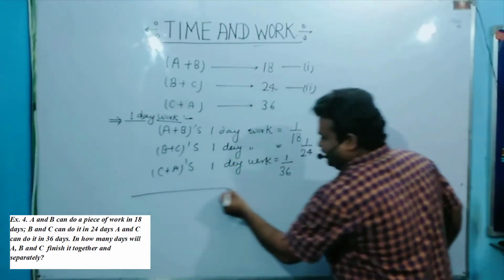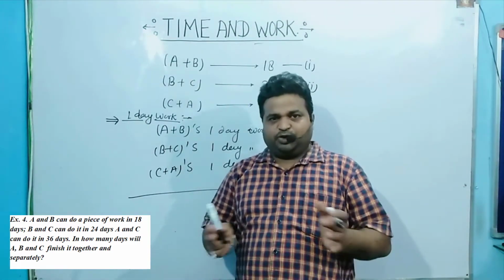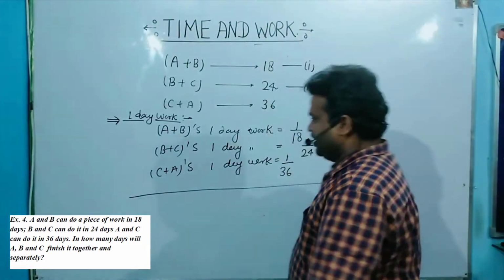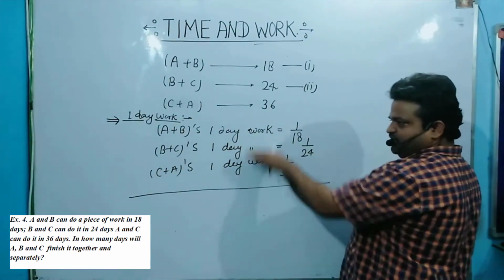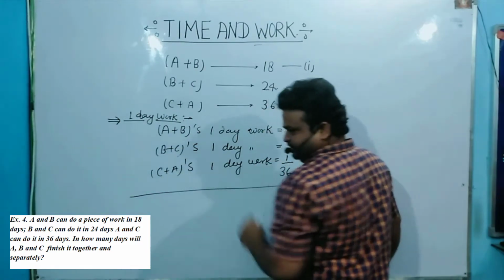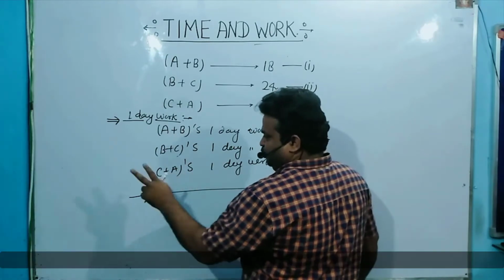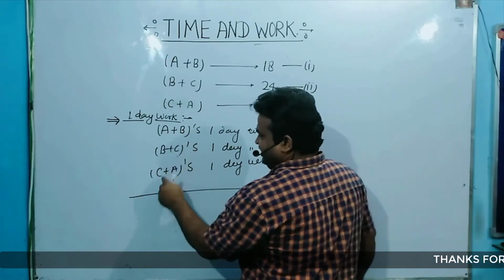Now you need to calculate how much time A, B and C taken together will complete the entire work. So you simply add these three equations. Here there are 2A, 2B and 2C. If you add, A and A add to 2A, B and B add to 2B, C and C add to 2C.